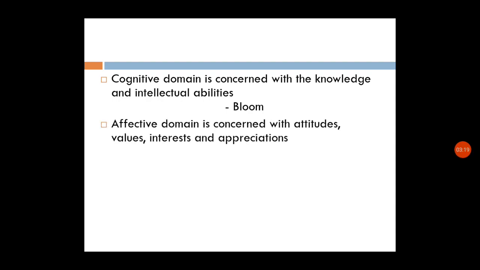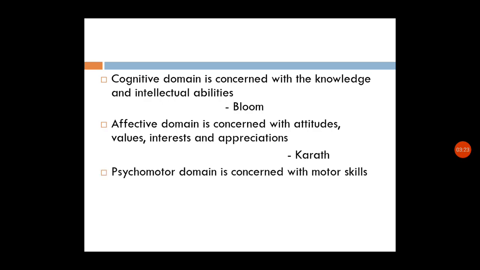The second is the affective domain, given by Krathwohl. The affective domain is concerned with attitudes, values, interest, and appreciation. When we know something, we should have inner feelings of attitudes, values, interest, and appreciation, like understanding the importance of that particular knowledge. All of these come in the affective domain.